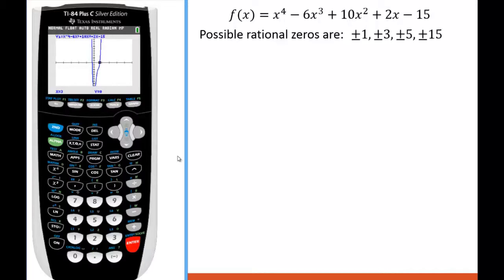So when I put 3 in for x, out came 0. When I put negative 1 in for x, out came 0. So right now, the two zeros I know are x equals negative 1 and x equals 3. Now let's see what we can do with that information.